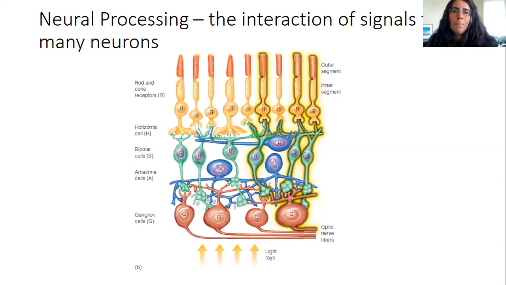So the brain fills in the missing information based on information from the other eye, but also from the cells that are surrounding the blind spot. It's called completion, and we talked about that last time.